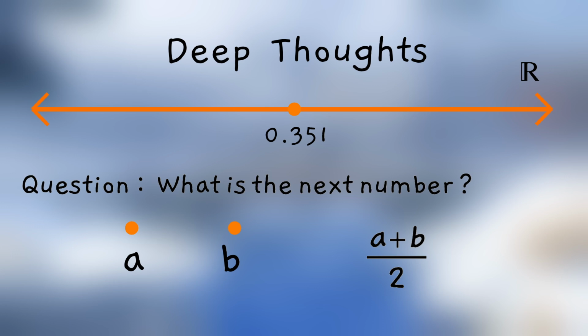So no matter how close they are to one another, there's another number that lies between them. So if there was a number that came after 0.351, you could just average that number and this one to come up with a new number that's actually in between them. And that reasoning lets you see that there is not a number that comes right after it.